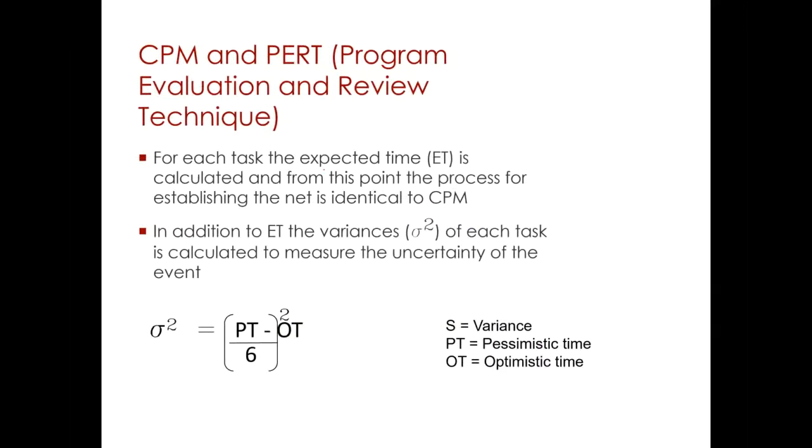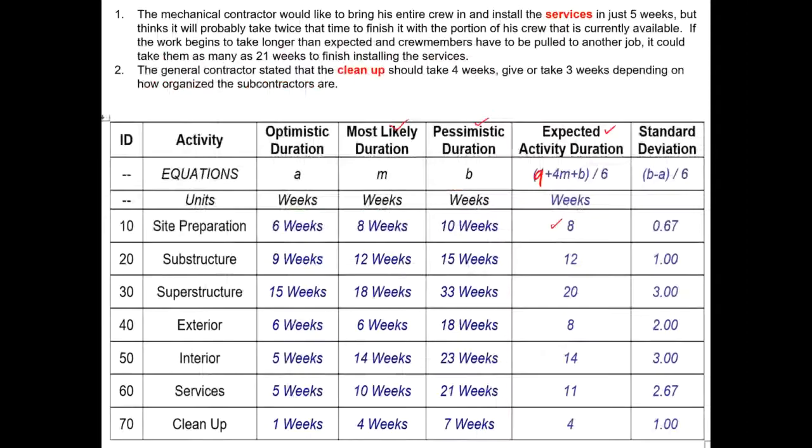Just to repeat, in the PERT method, for each task, the expected time is calculated using the formula: optimistic time plus 4 times the most likely time plus the pessimistic time, divided by 6. From this point, the process for establishing the network is identical to the critical path method.